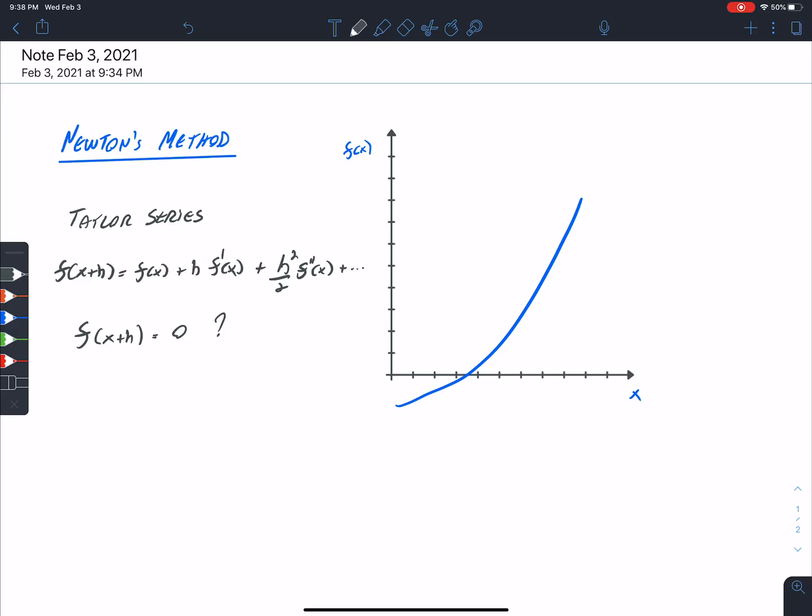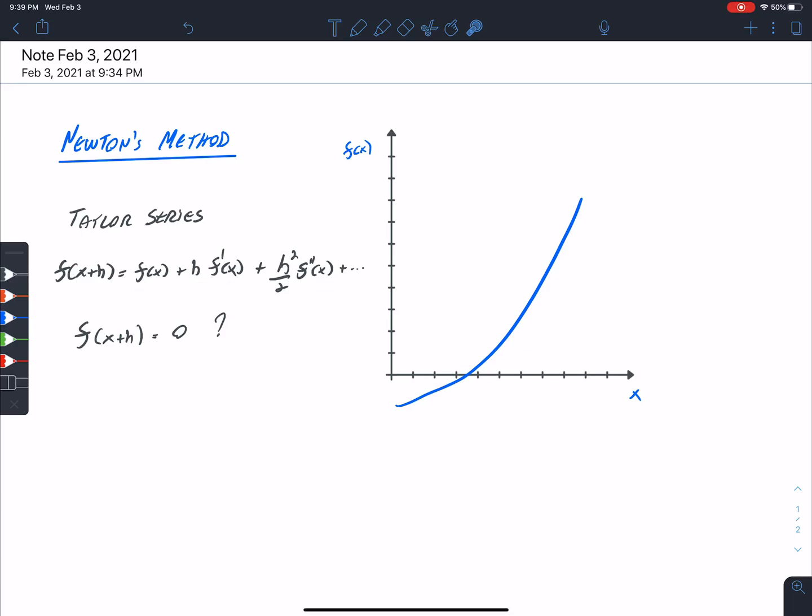So we don't know what this h should be to displace us from the point x to make this 0. However, note that if we take only the first two terms of this equation and ignore the other ones, we'll make an error, but this is going to be a linear function of h, and we can certainly solve for which value of h will make this function cross 0.